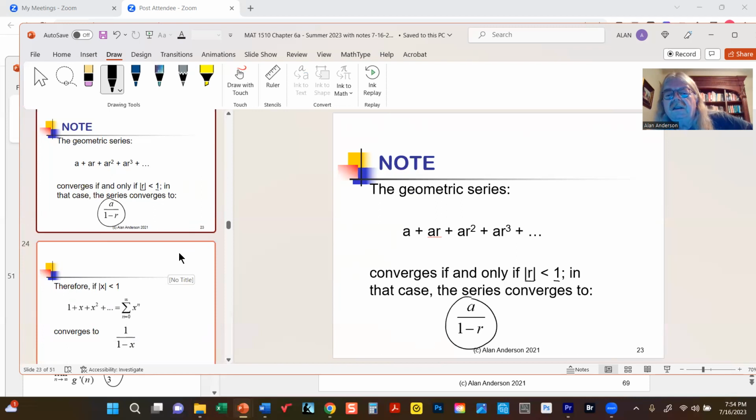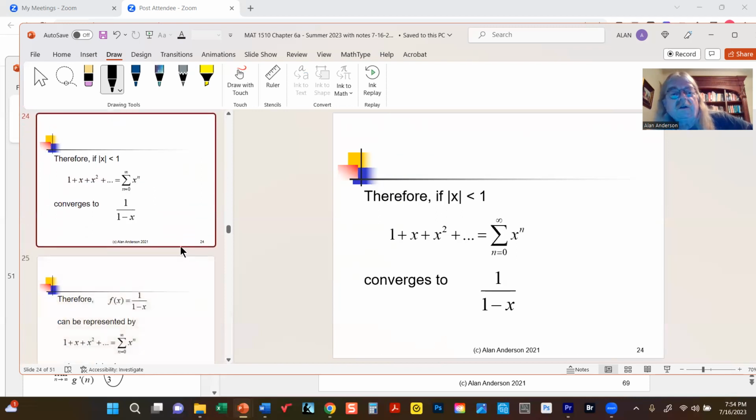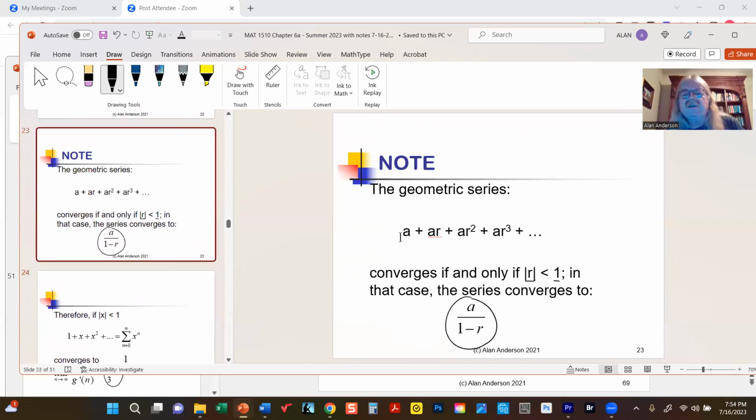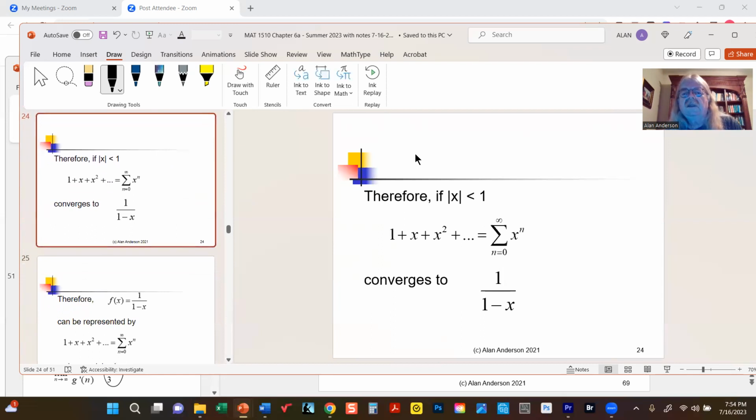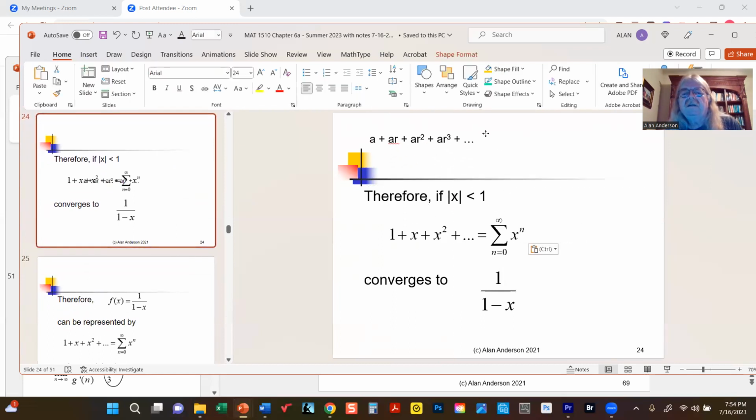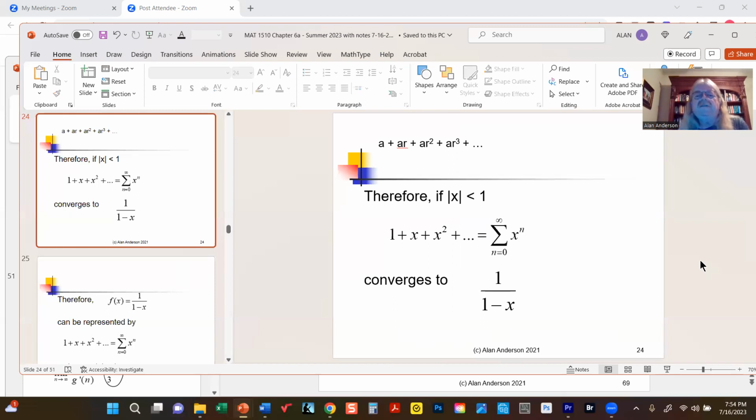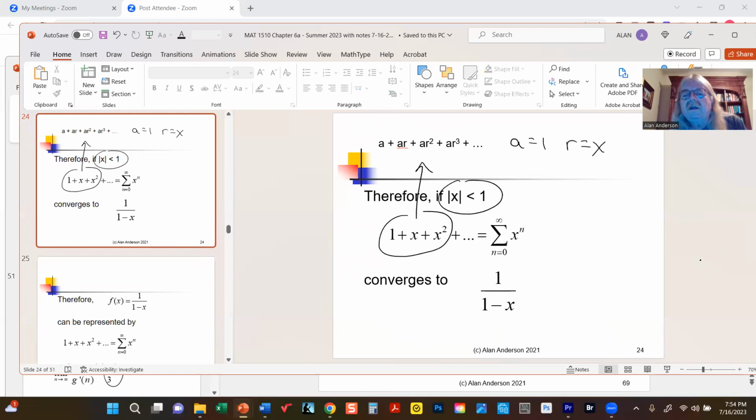So here, I think you'll agree, based on the definition of geometric series, if a equals 1 and r equals x, then this is a geometric series. And therefore, as long as the absolute value of x is strictly less than 1, this expression converges to this.